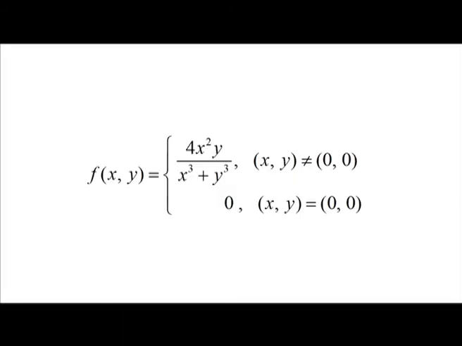We now show that f of (x, y) equals 4 x^2 y by (x^3 plus y^3) where (x, y) is different from (0, 0), and 0 when (x, y) is equal to (0, 0), is continuous at every point except the origin.